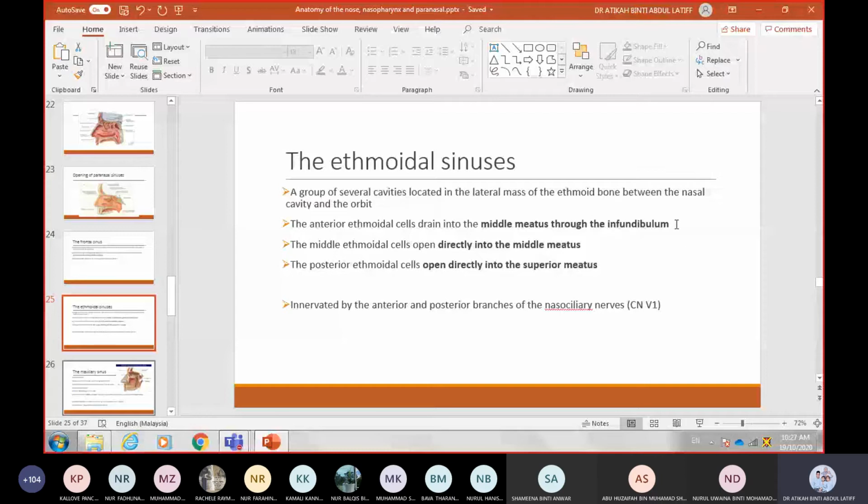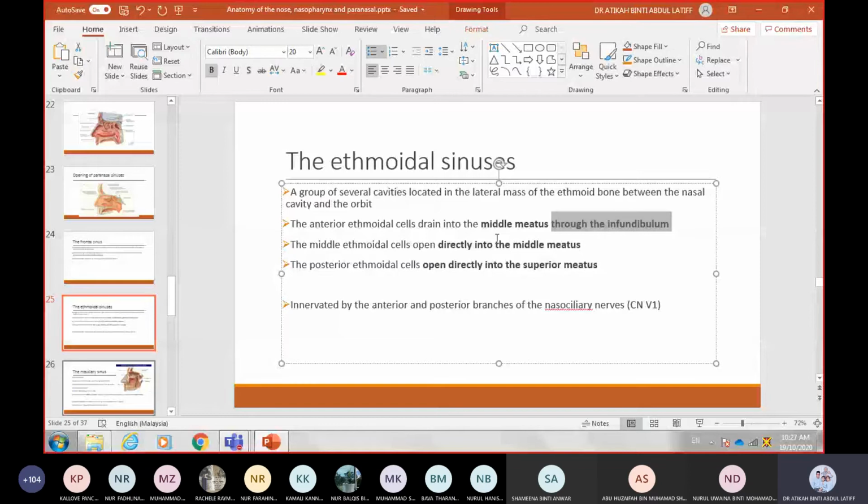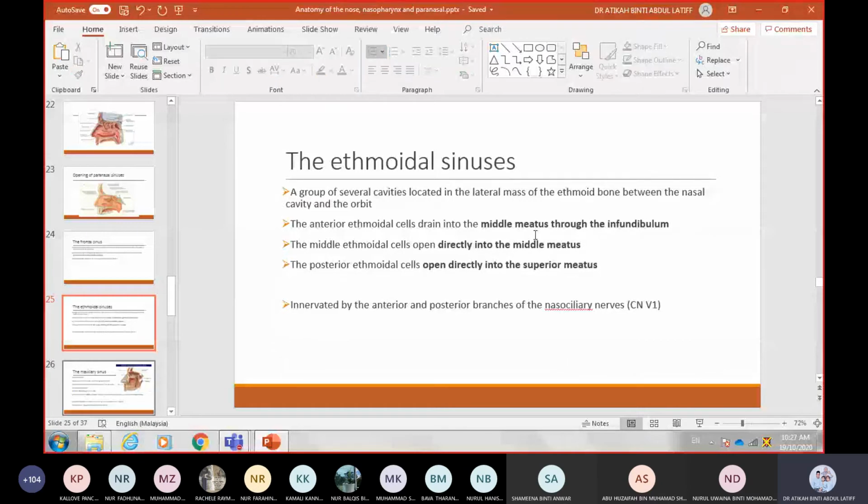I think you don't need to know the details like the infundibulum and so on. As long as you know which meatus it drains into is sufficient at your level. So just remember, anterior and middle ethmoidal cells open into the middle meatus, and the posterior ethmoidal cells are the only sinus that drains into the superior meatus.